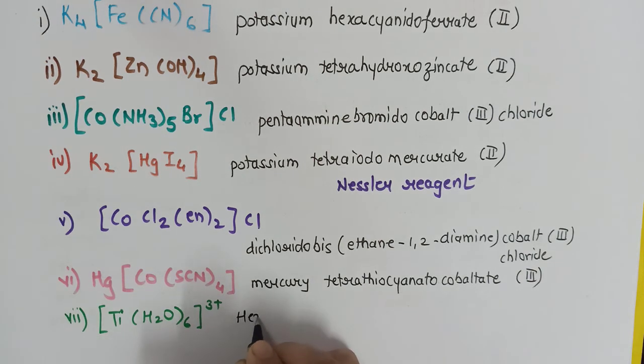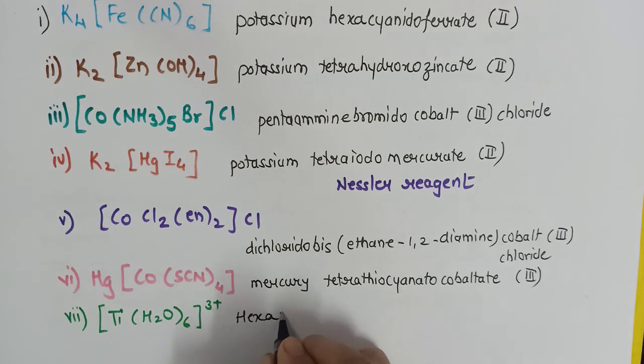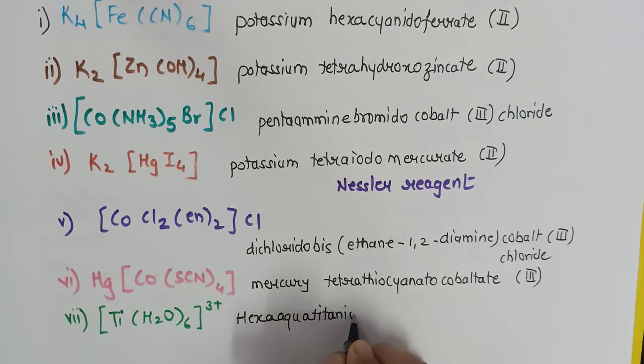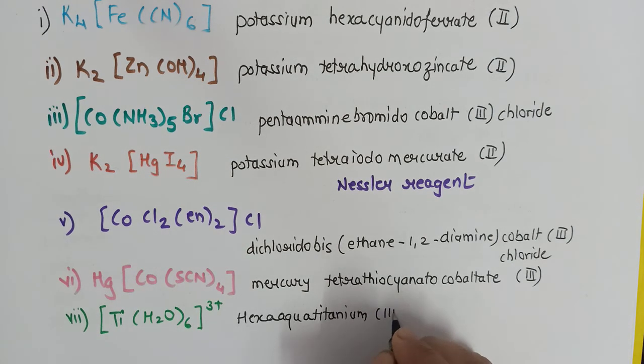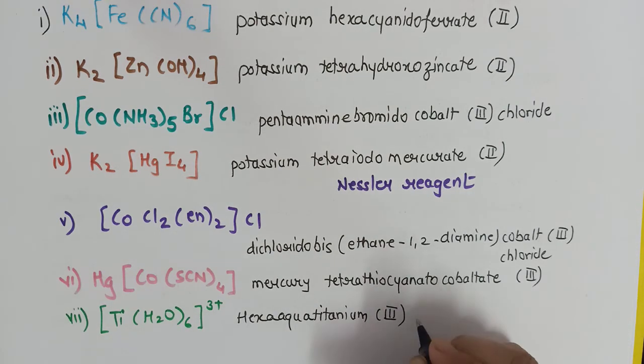It will be hexa. H2O is labeled as aqua. So therefore it will be hexaaqua titanium. As H2O is a neutral ligand, the name of central metal atom do not changes. Titanium, oxidation state 3, and since there is a charge on the complex ion, we will write it as ion.